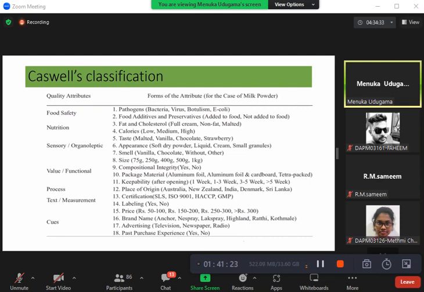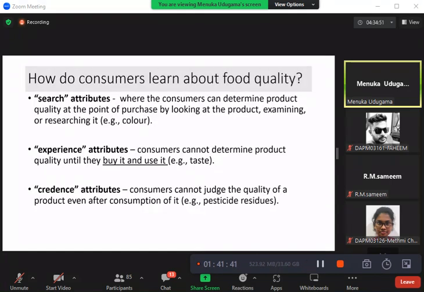For example, if the packet says 75 grams, it will have to have that weight, right? And if it includes these flavors, then it will have to have those flavors. Likewise, you can measure the quality of the product.